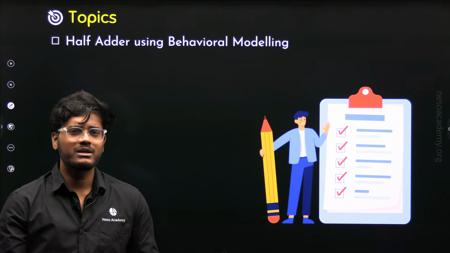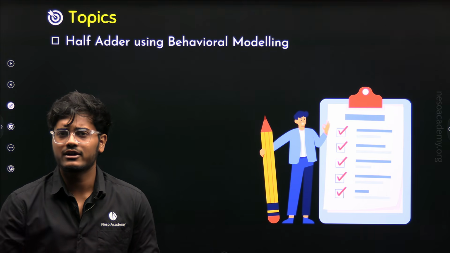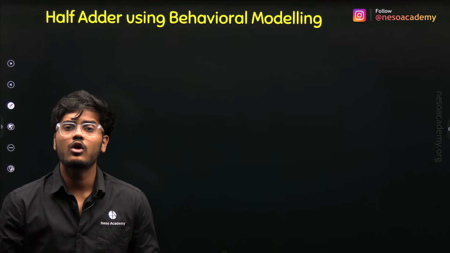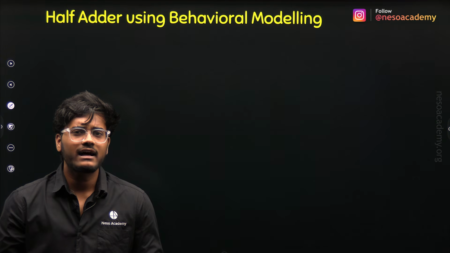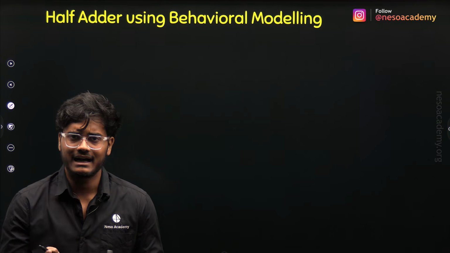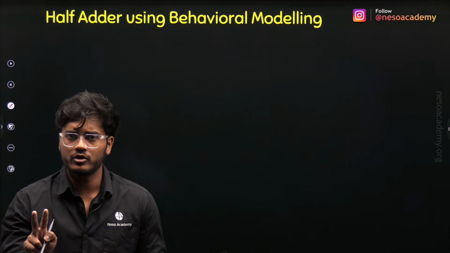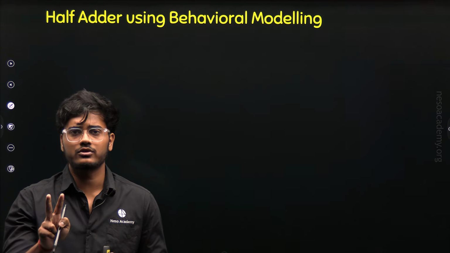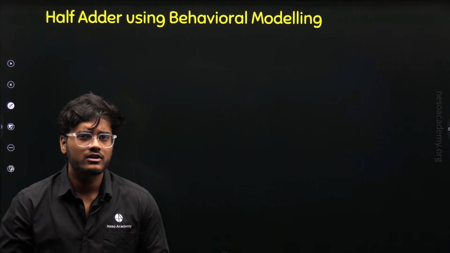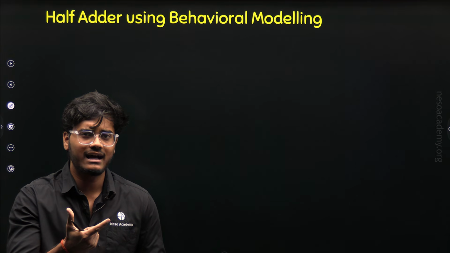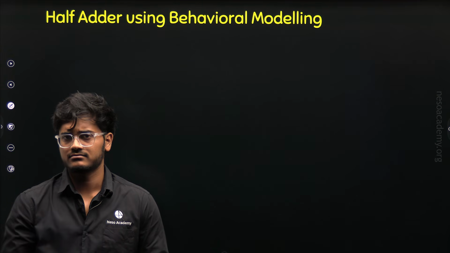Now, before implementing the half adder in Vivado, let us quickly revise what the half adder is. Half adder is an adder that adds 2 single bit inputs and generates 2 outputs, sum and carry. But why are we calling this half adder as half adder?